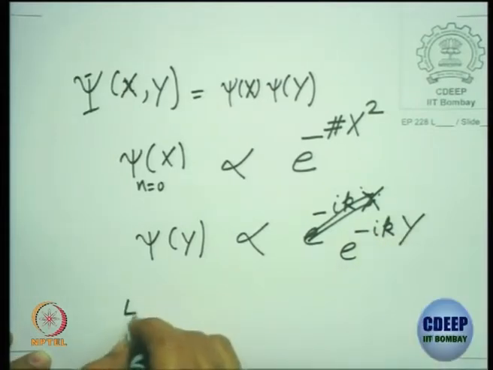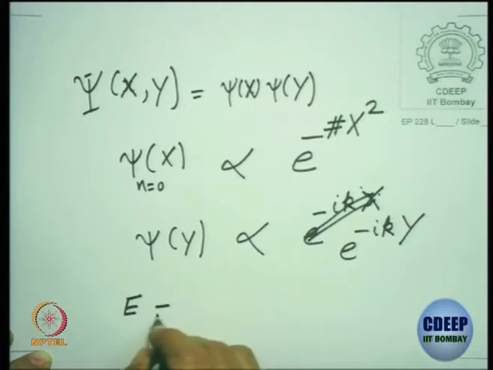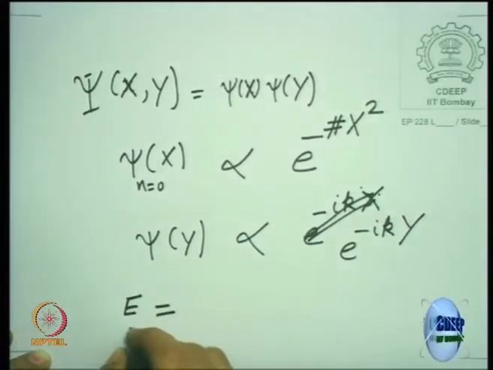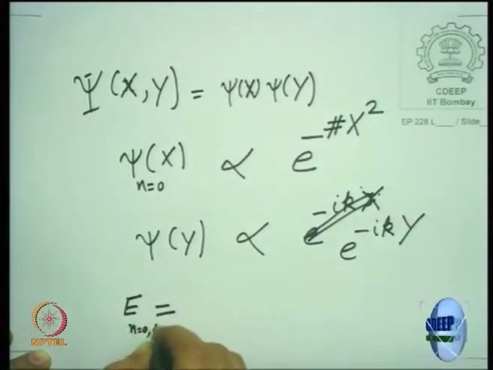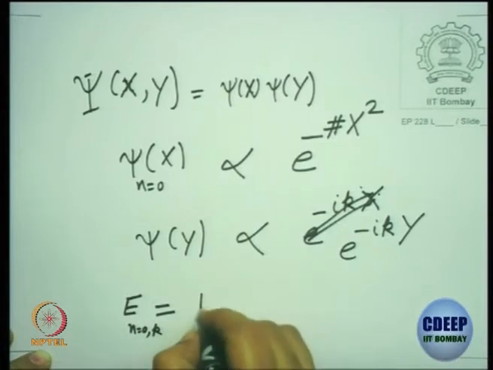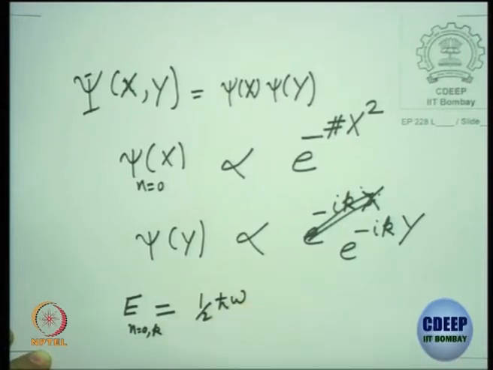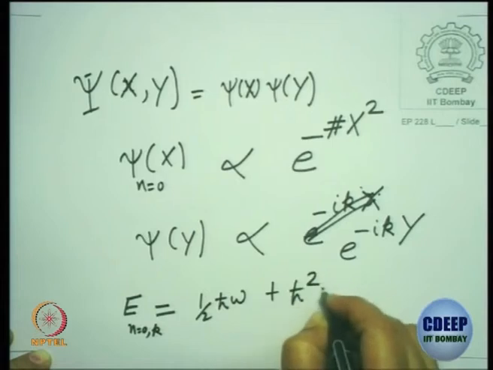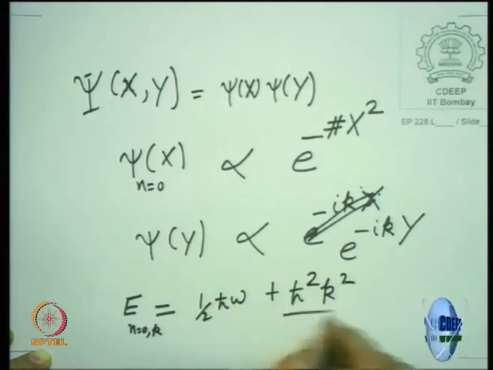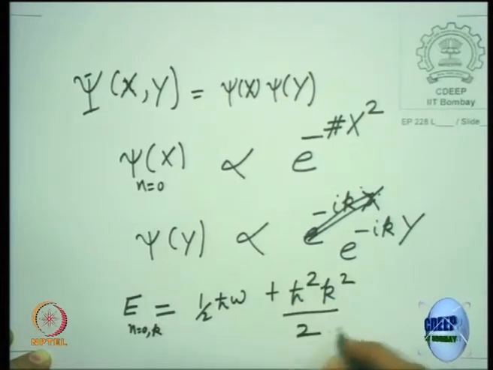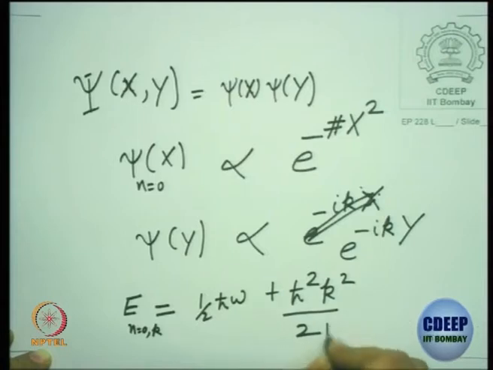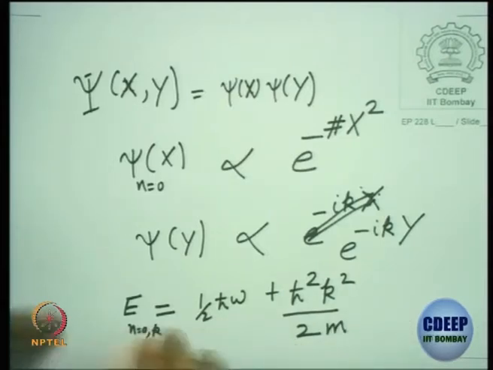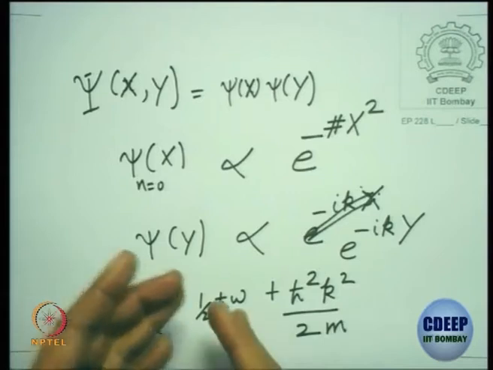What will be the energy now? Energy for this case, n equal to 0 and a specific k, is half h cross omega for the X piece, and then h cross squared k squared over 2m for the Y piece, right? Is that clear? The energy is also a sum over the coordinate energies.